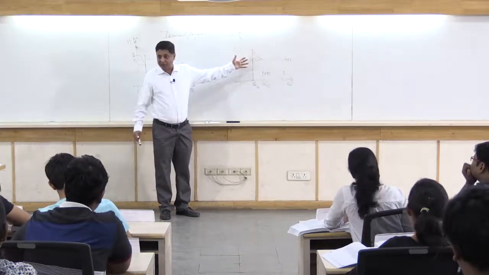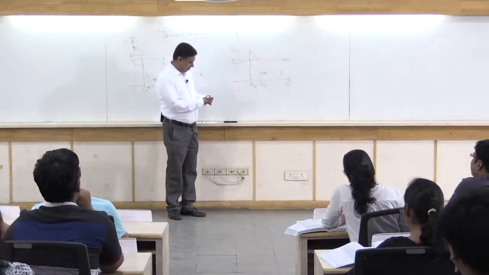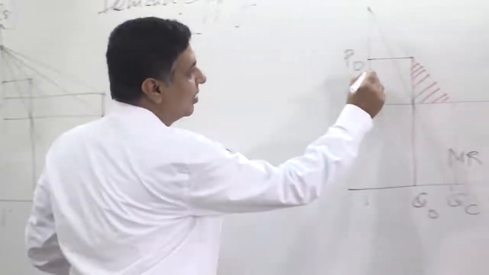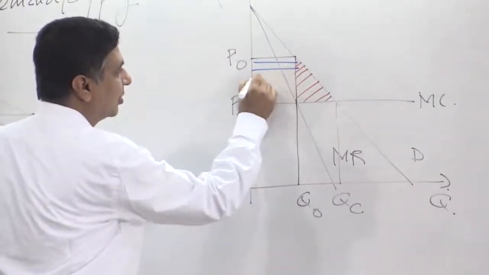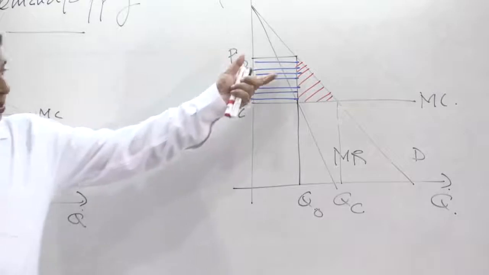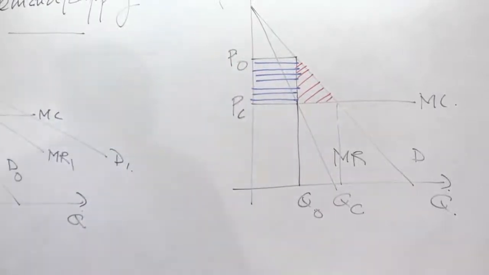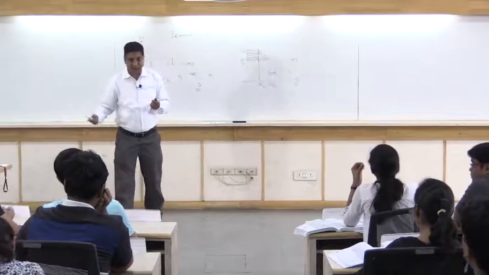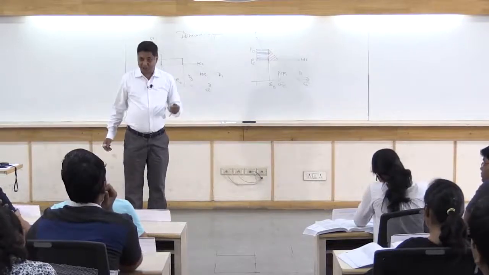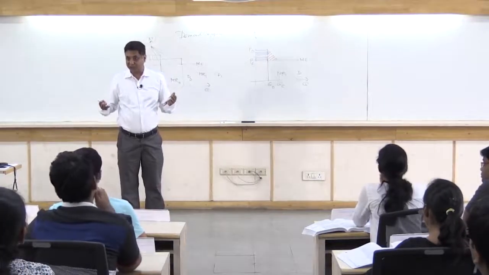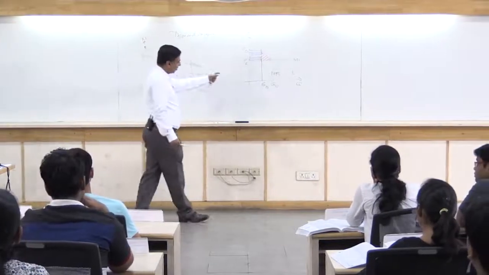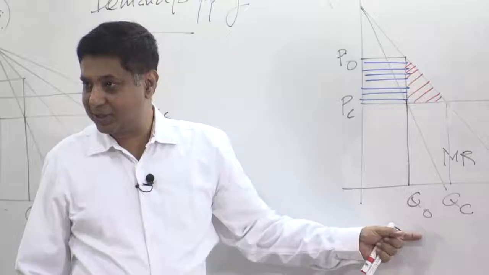Why is that a loss? What is the profit of the monopolist? This area is the profit of the monopolist. So, this much money has gone out of the consumer's pocket into the monopolist's pocket, but there is a loss beyond that, and the loss is because the monopolist produces less.